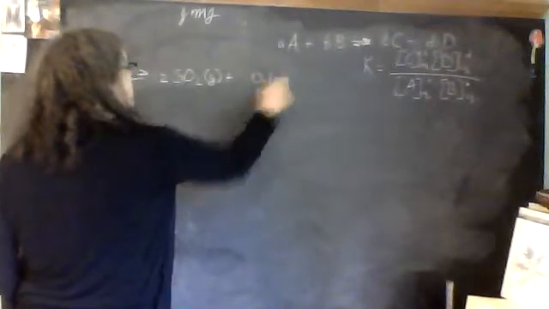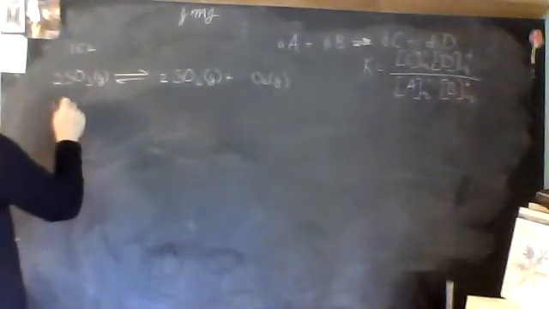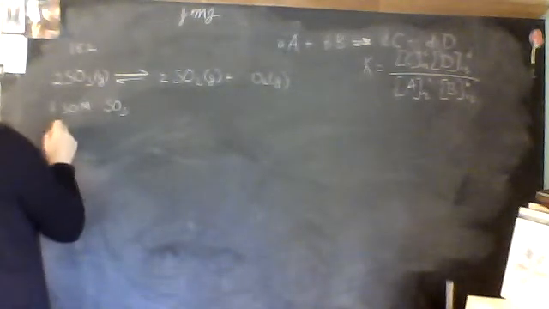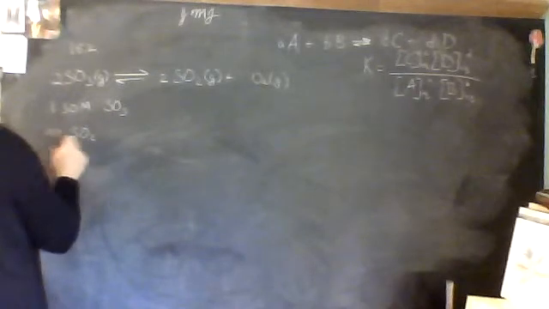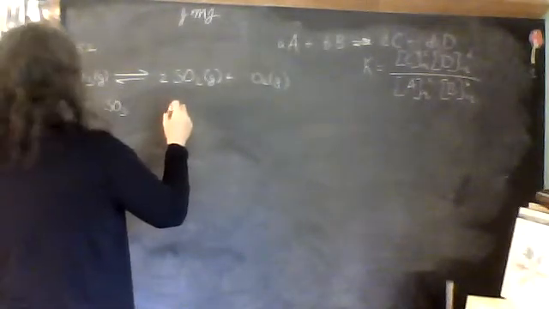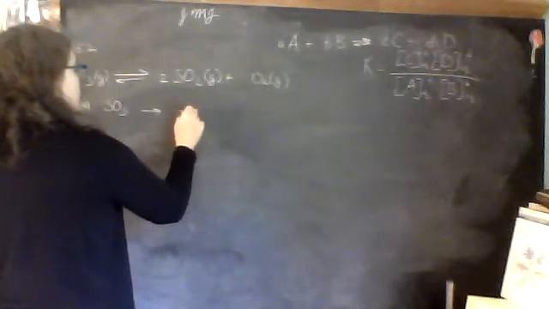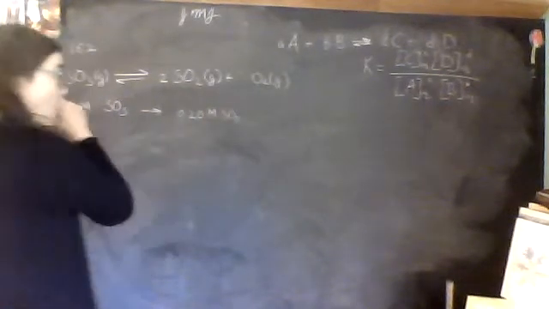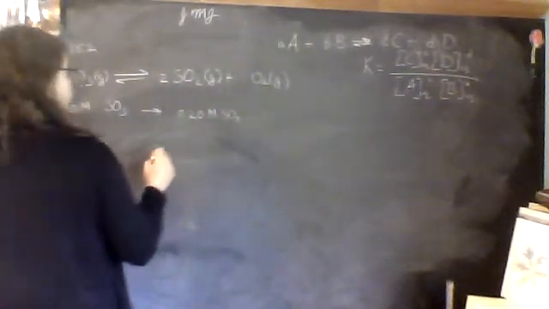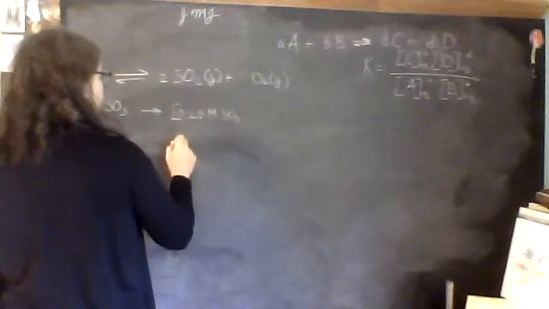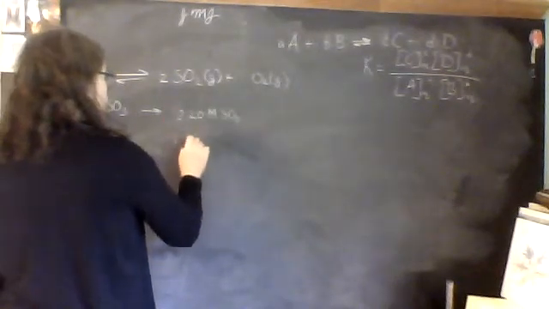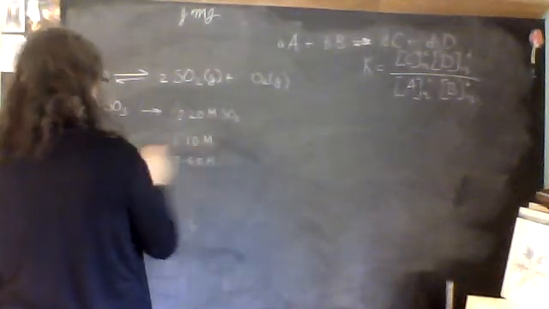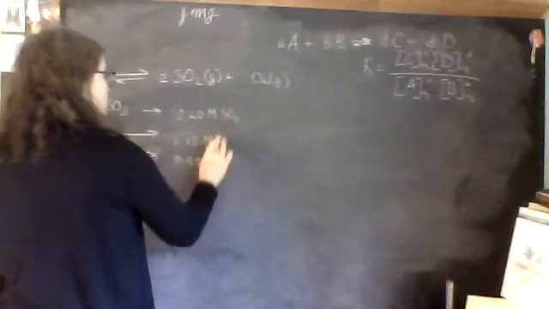If the chemist starts with 1.30 molarity SO3 and no SO2 or O2, he finds that the reaction reaches equilibrium when the concentration of SO3 reaches 0.20 molarity. At that point, the concentration of SO2 is 1.10 molarity, and the concentration of O2 is 0.55 molarity. What is the equilibrium constant for this reaction?